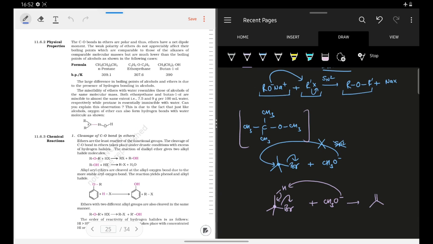If you double the speed, you will be able to cover more. Some things you can skip: suppose I know a particular mechanism, I can skip that part, and for the mechanisms which I don't know, I can understand them slowly. So try doing it this way, and we'll meet in the next lecture.